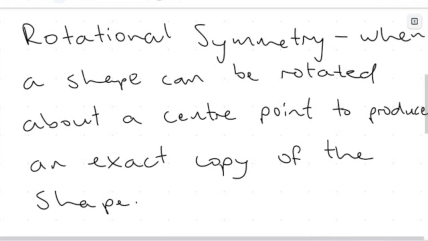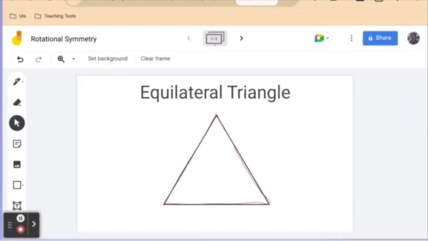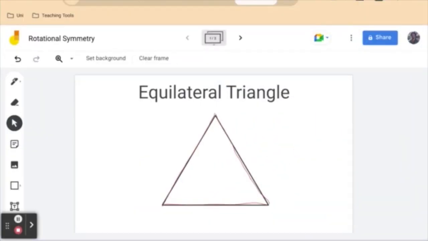So, when I rotate the shape around a point, I can get a shape that fills out the same area of the original. Now, I'm going to switch across to a Jamboard software here to hopefully give you a good visualization of this.